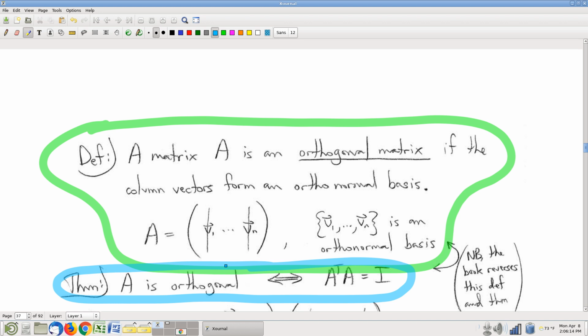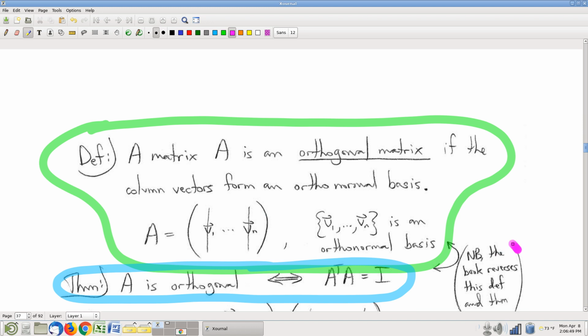Which one should be made the definition, and which one should be the theorem? It's kind of subjective. I chose to make this the definition because despite the terminological awkwardness, at least the orthogonality tells part of what you know is the motivation for what we're calling this. The word orthogonal connects, however imperfectly, to what we're defining this thing to be. So I think this is at least a somewhat motivatable terminology.